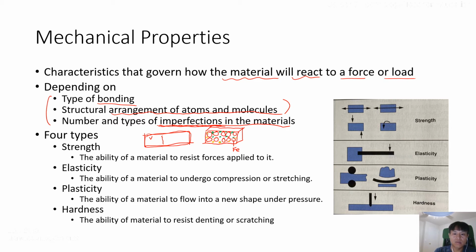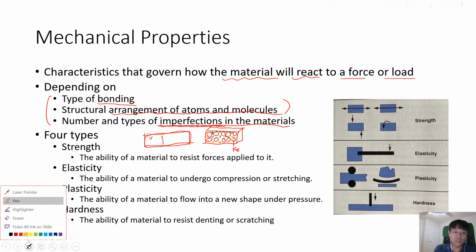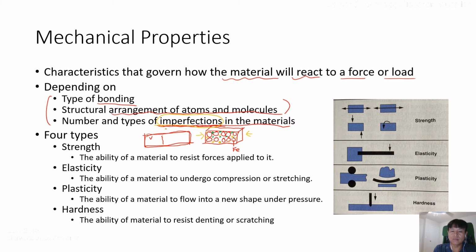That combine with the ion. So if we add more imperfect elements, the material becomes more hard, so that means it can withstand our force. So imperfection sometimes helps withstand the force.